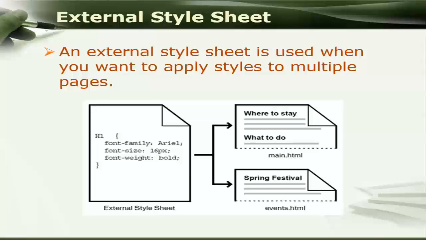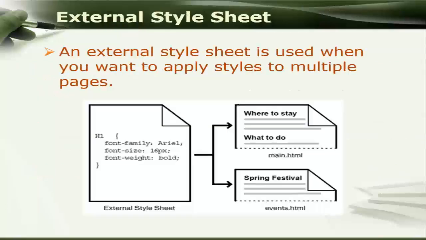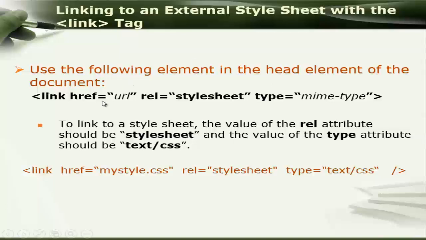So you can have the formatting in one document and then combine it with the other HTML document. How do I combine the external style sheet with my HTML document? The way in which you do it is in the head section, you use a link tag and specify the href, which is the URL of the style sheet.